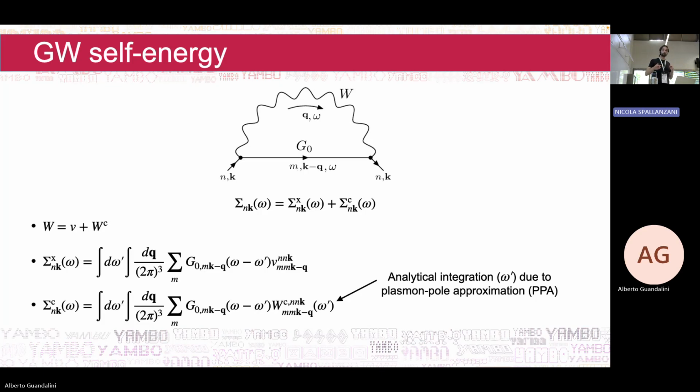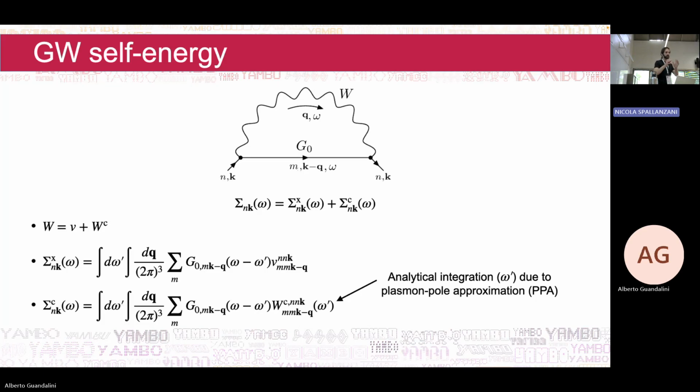So in these terminator strategies, you add some kind of pole or some kind of approximate excitation that gives you the correct sum rule and which describes in an approximate way what happens at very high energies, where the quality of your state is less important. So this is the maximum I can do without writing an equation. So if you want, we can discuss. Anyway, it's explained in the paper of Bruneval and Gonze.